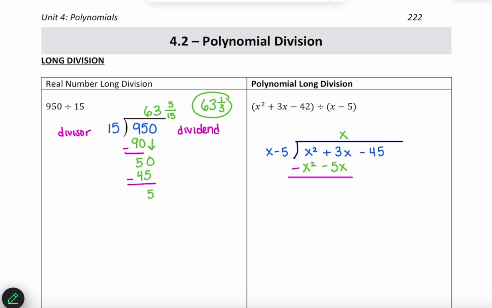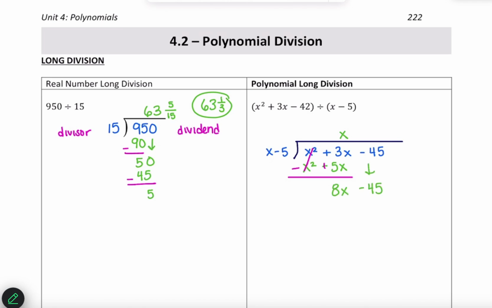When you subtract negative 5x, it becomes a plus 5x. Minus a negative becomes a plus. So one rule to remember: you draw the line to subtract and you switch the signs. Draw the line, switch the signs. Then x squared minus x squared subtracts away, and you've got 3x plus 5x is 8x. Then we bring down the next term.